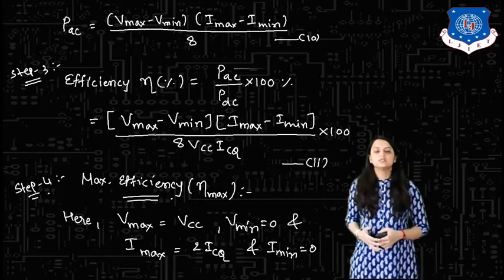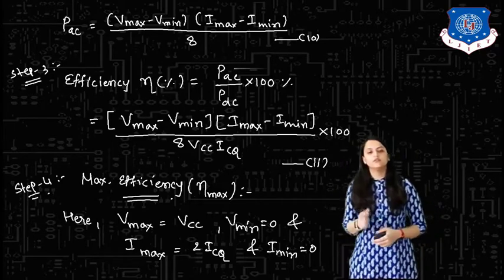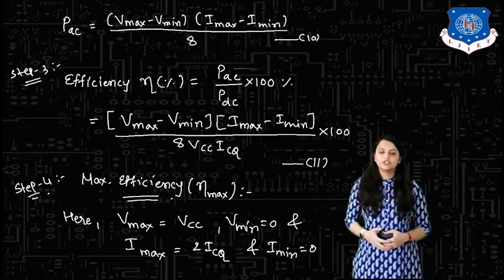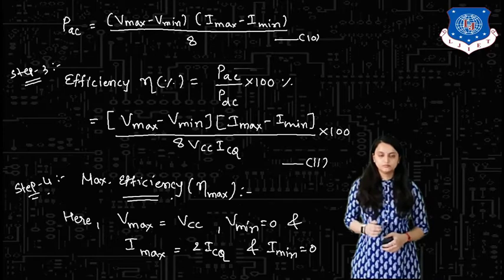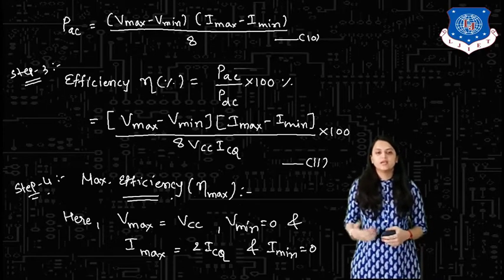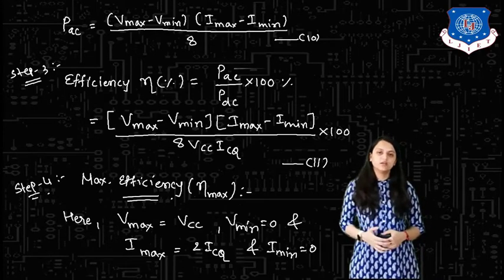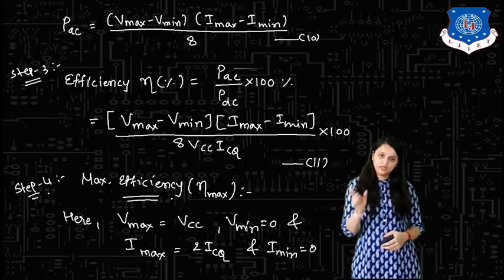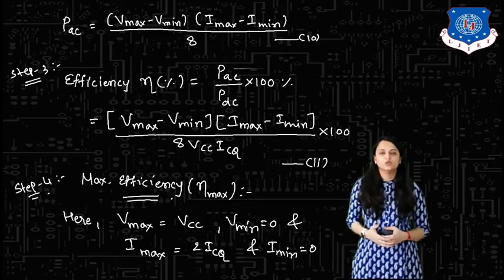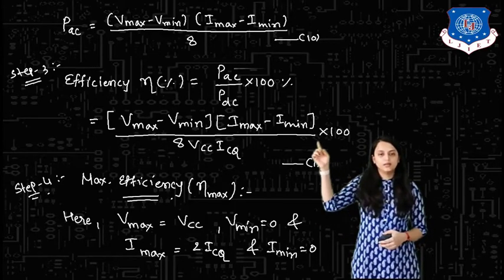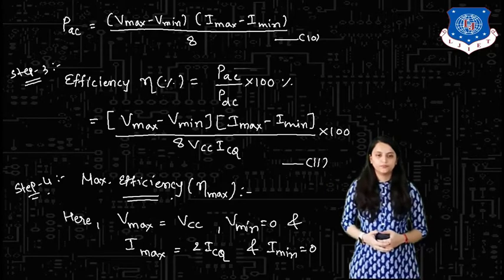Now step 3 is the calculation of efficiency. Efficiency is the ratio of AC power to DC power. We have obtained the AC power value, Vmax minus Vmin into Imax minus Imin divided by 8, and PDC is VCC into ICQ, multiplied by 100 to get the percentage value.